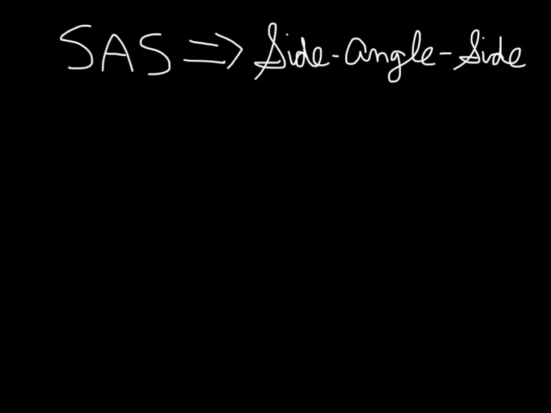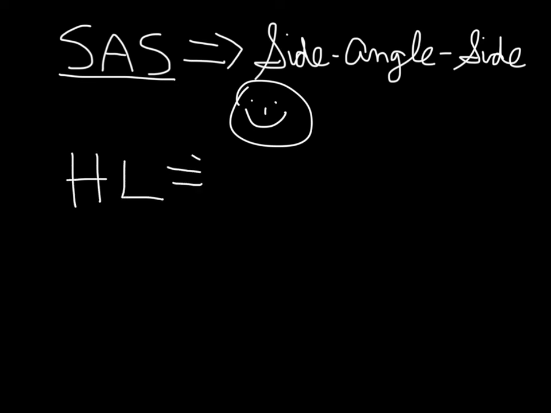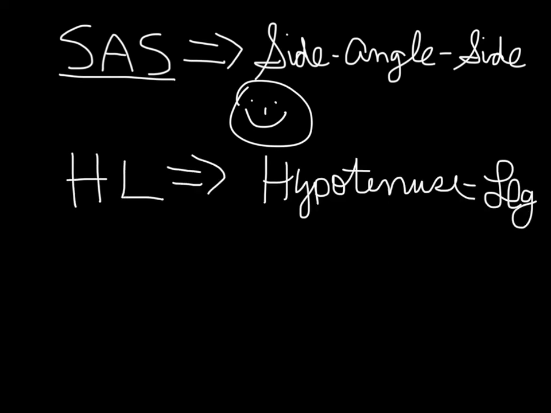So for a quiz, I would know that side angle side, SAS, is a way to prove that triangles are congruent. SAS stands for side angle side. I would know that we also learned that HL means hypotenuse leg, and that a hypotenuse only exists if there's a right triangle, so we're going to use HL when we have a right triangle.